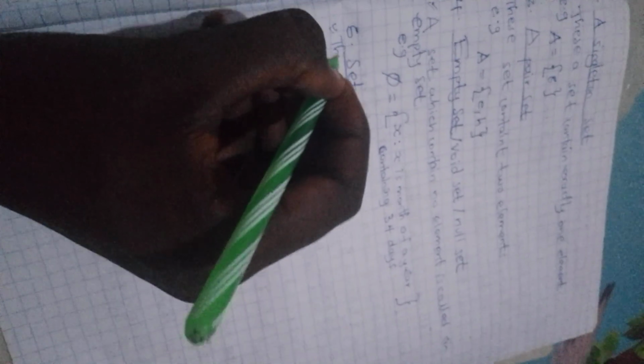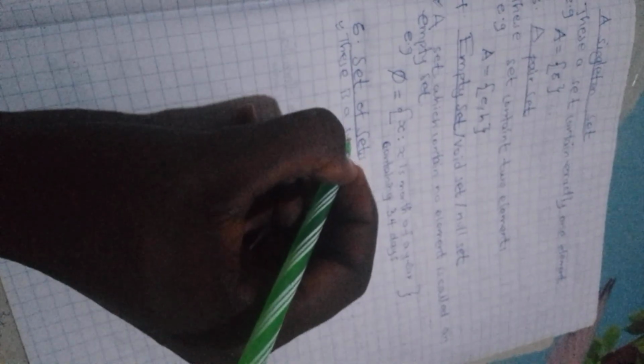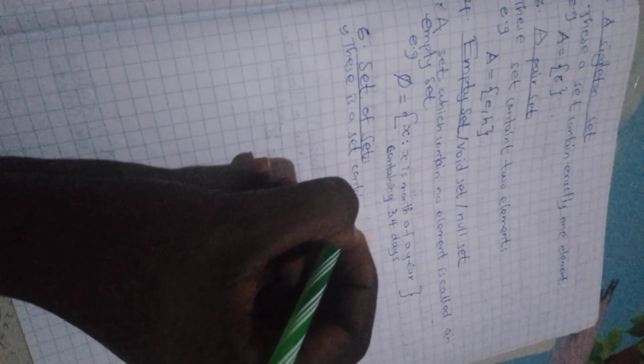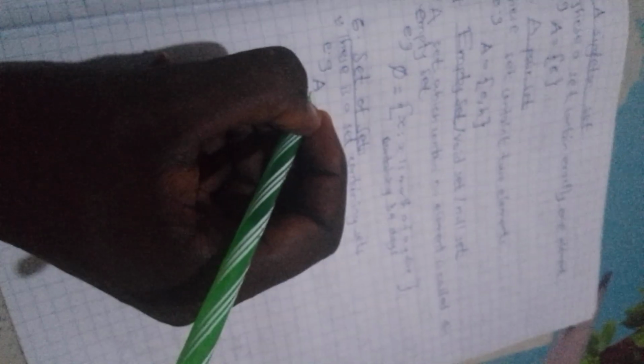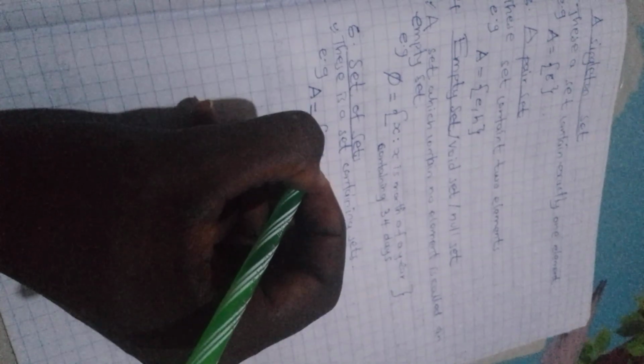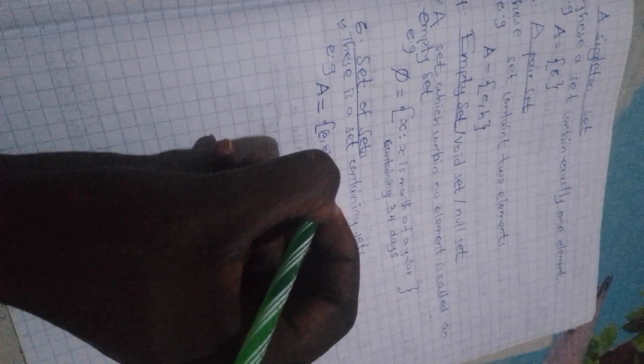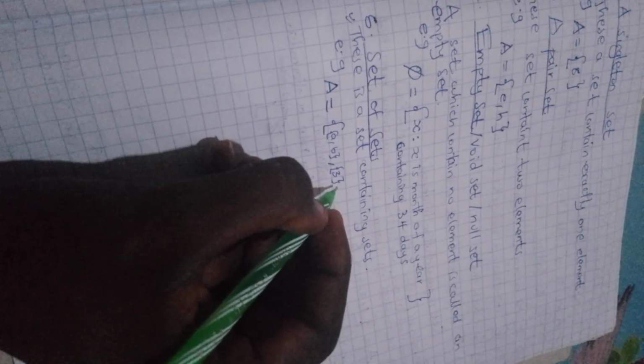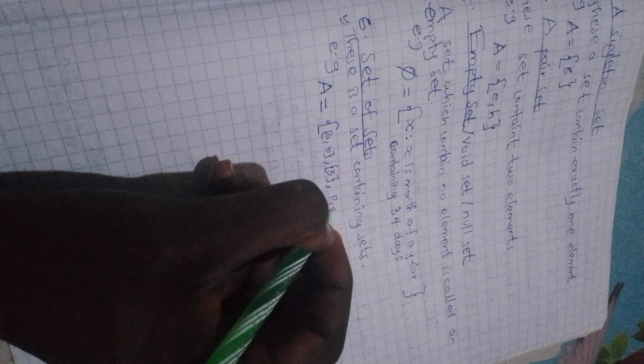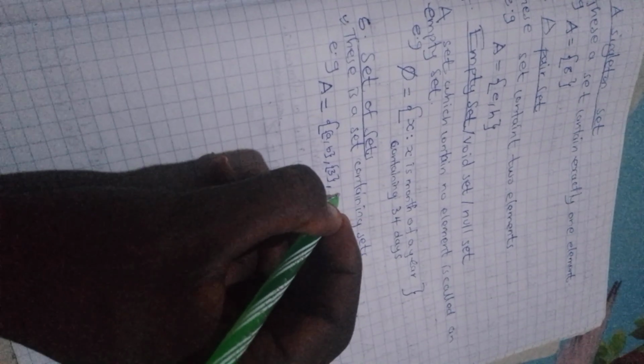For example, you have a set A, and this set A contains some sets, A, B, and P, Q, R. These are already sets.